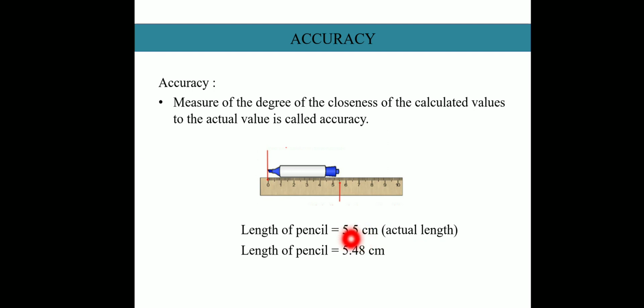So this is called accuracy, how close we are measuring the values to the actual value is known as its accuracy. So accuracy always measures the degree of closeness of the calculated values and the actual values. How close these two values are is known as accuracy.